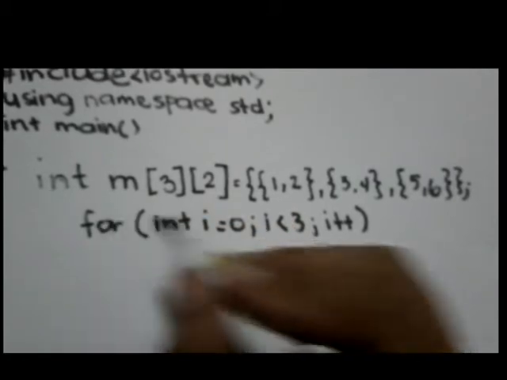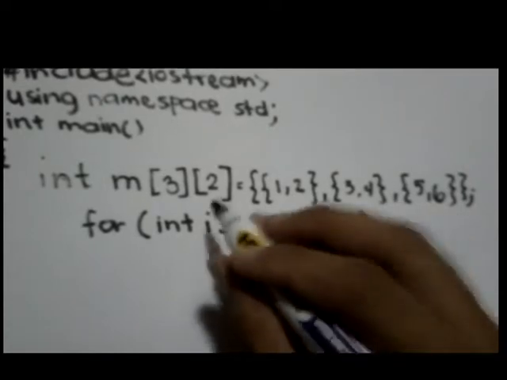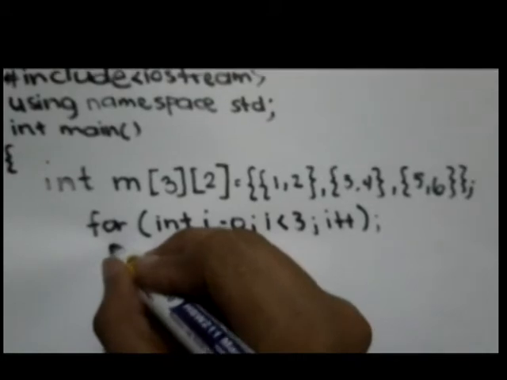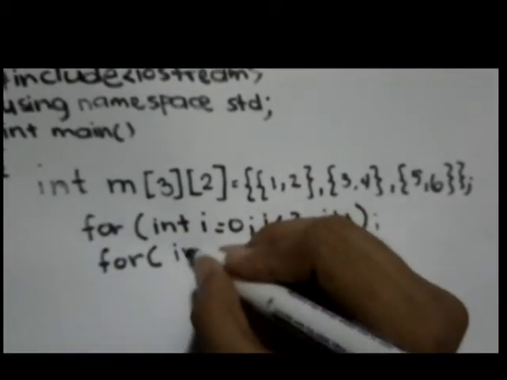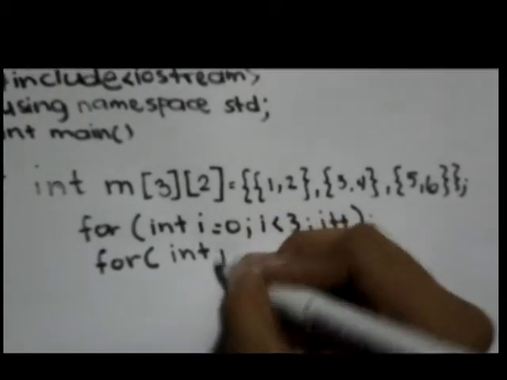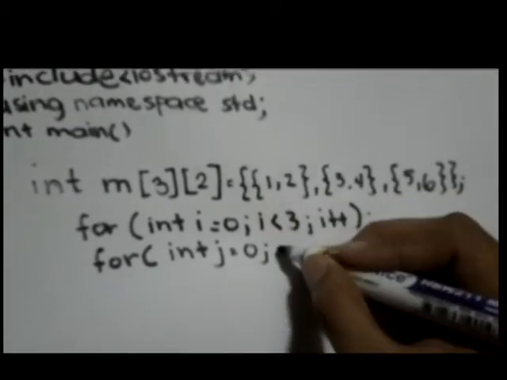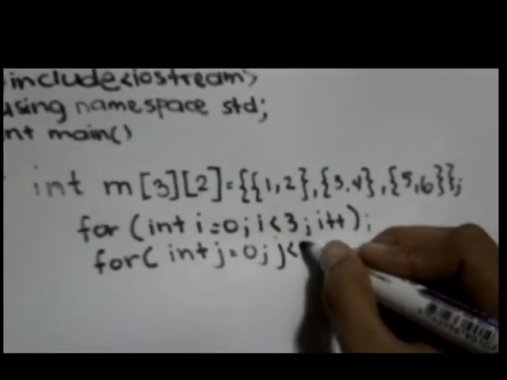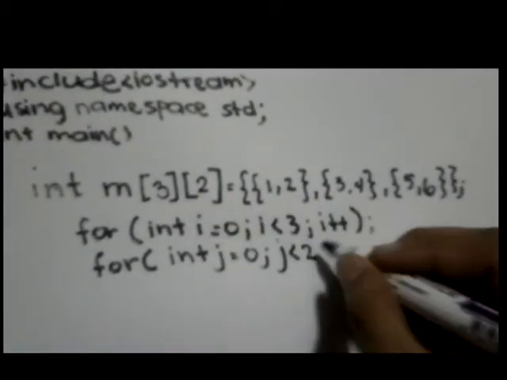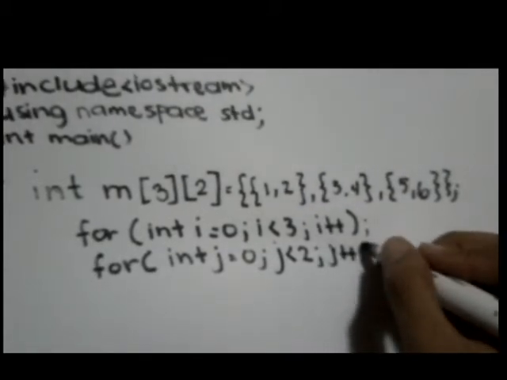Now let's have a declaration for the second one. So for int, let's use j equals 0, j is less than 2 because we have 2 here, and an increment j plus plus.